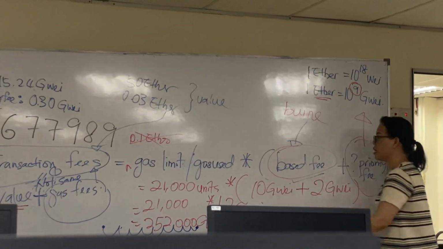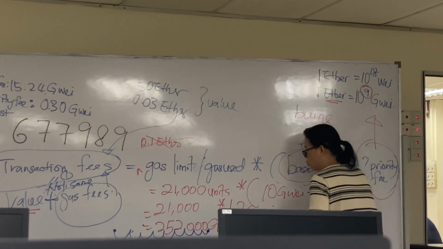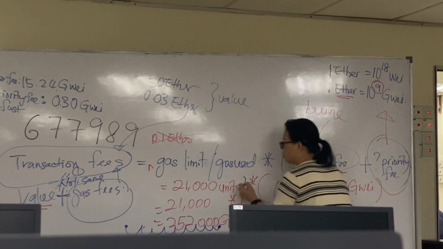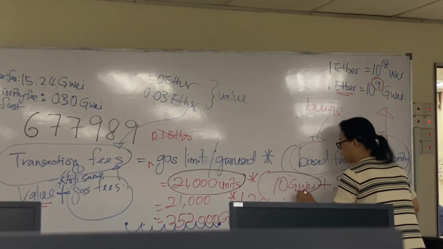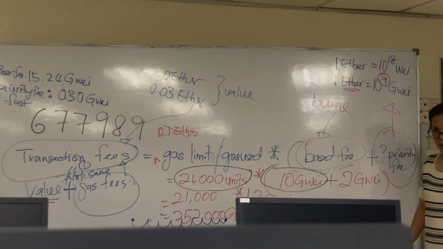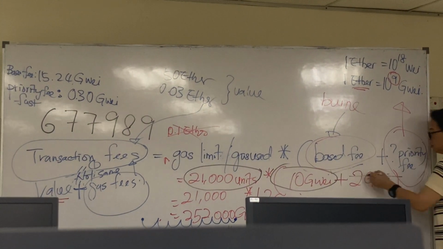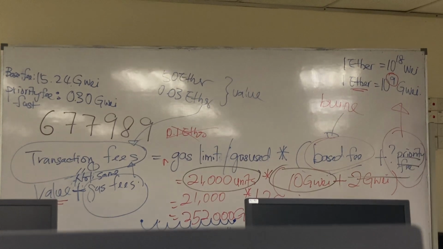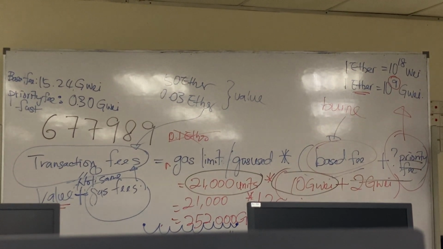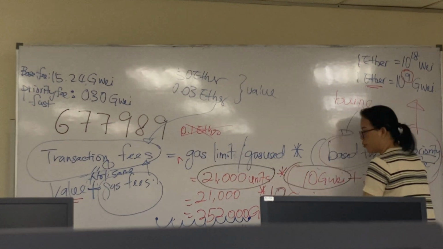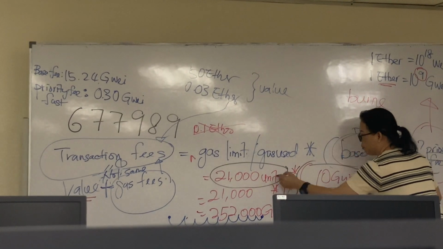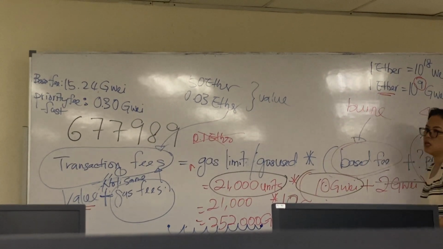It means that you're using this base fee value multiplied with the gas only, excluding your priority fee. Then you multiply this and convert back to ether.